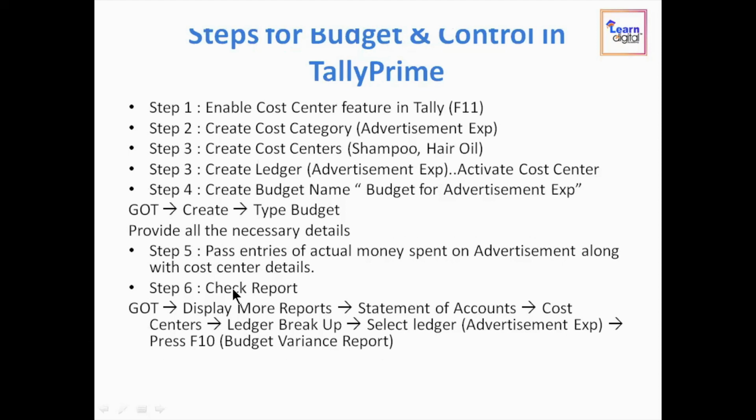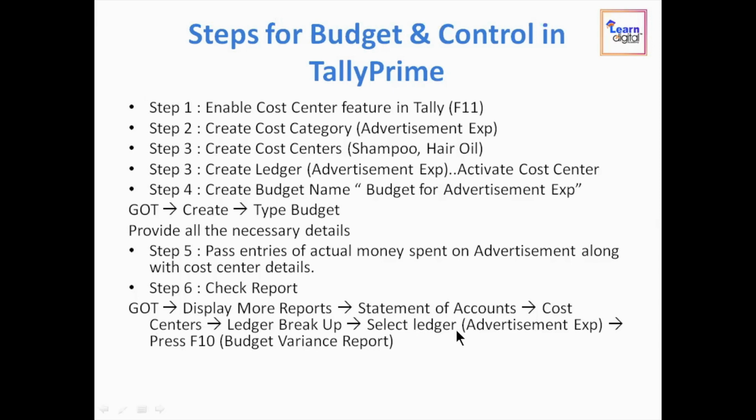The next step is report checking. We need to check the report of the budget by comparing the actual amount as well as the budgeted figure. So how to check, where to go? Go to Gateway of Tally, display more reports, statement of accounts, cost center, ledger breakup.